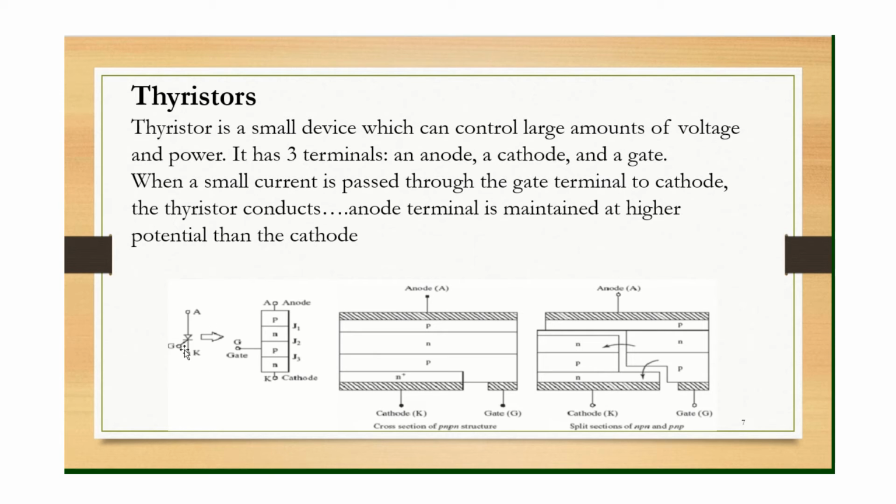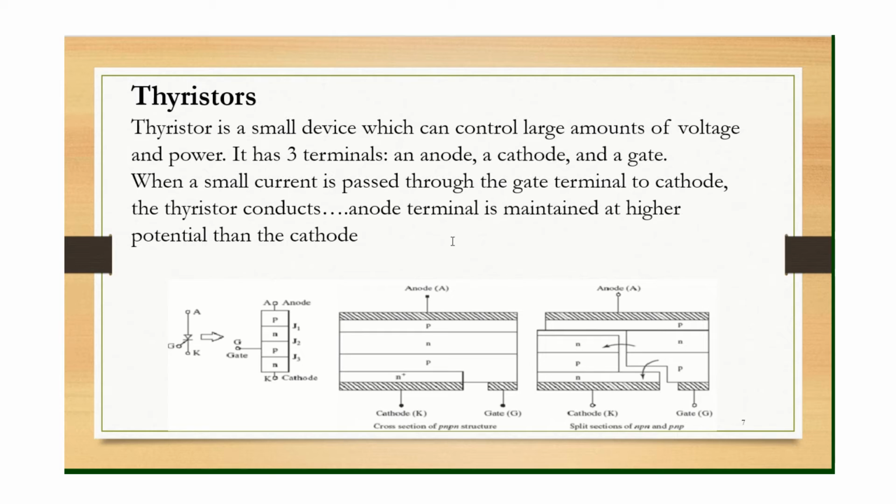It's a 3-terminal device. It has anode, cathode, and a gate. When a small current is passed through the gate terminal, the thyristor will be turned on, or it starts conducting. So basically the construction would be looking like this. So you have 3 junctions over there.